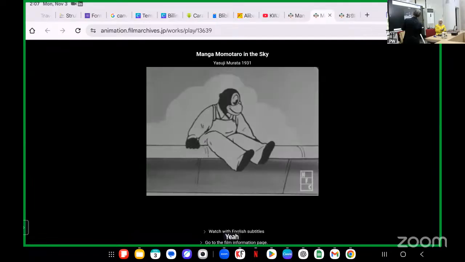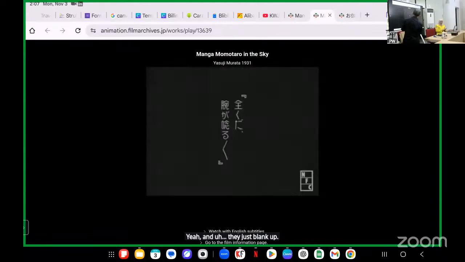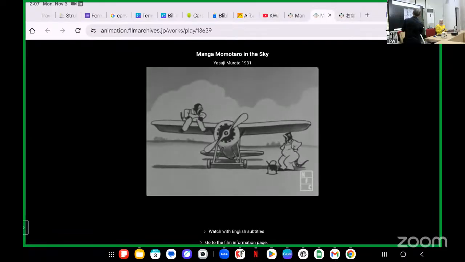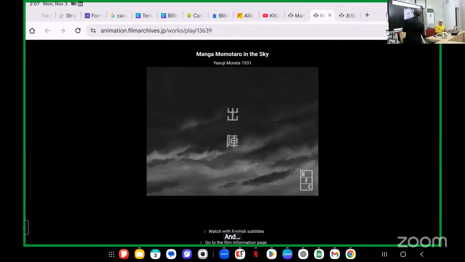Yeah, and they depart for the South Sea. And before the departure, they pray to the God and just take off.